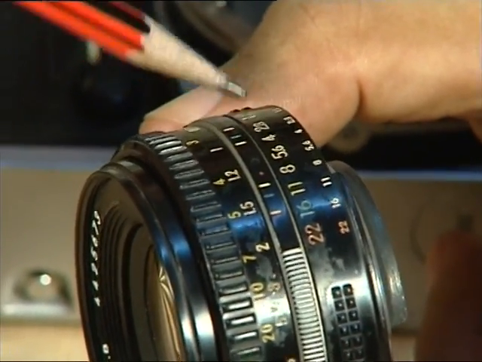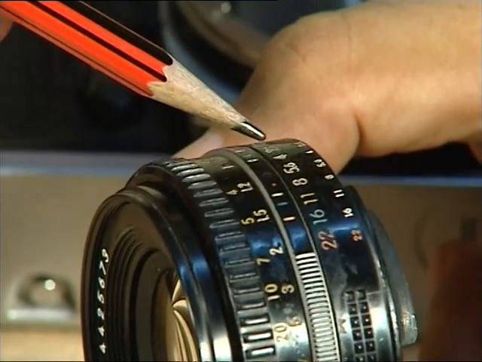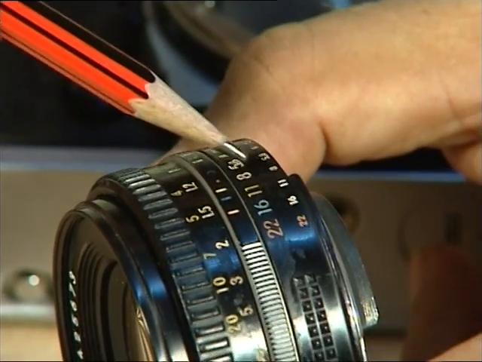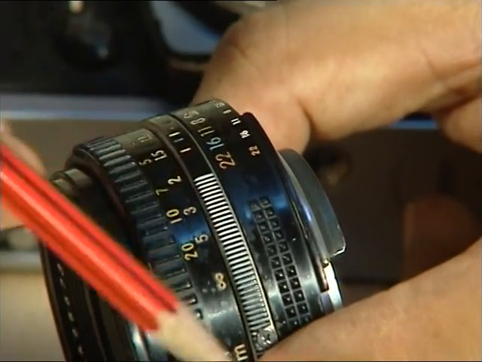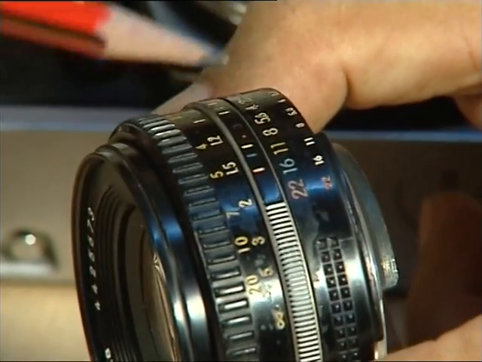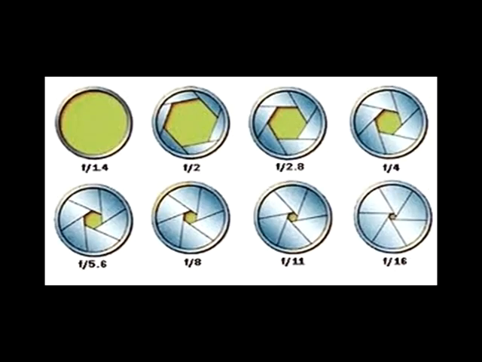Now, looking at these numbers, 1.4 to 32, the greater the number, the smaller the opening, and the smaller the number, the greater the opening. At 1.4 the lens opening may be full, and at 22 or 32 the lens opening is minimum.